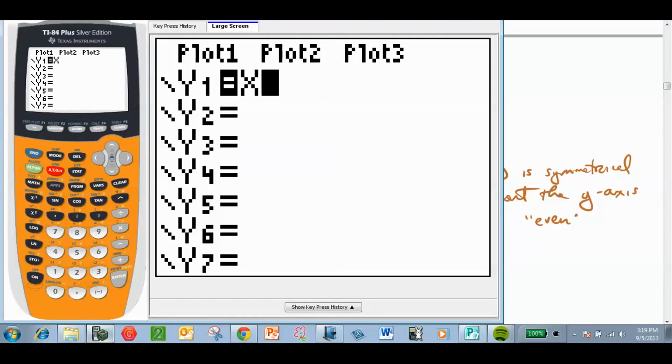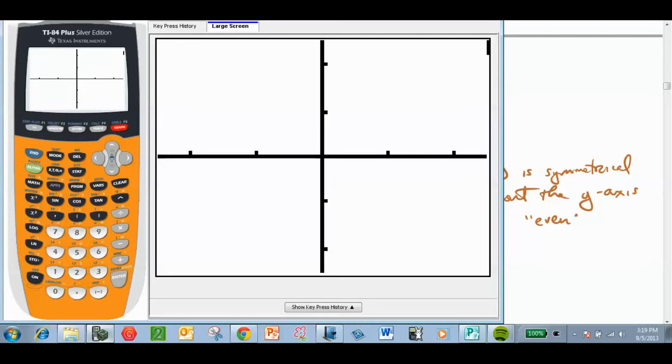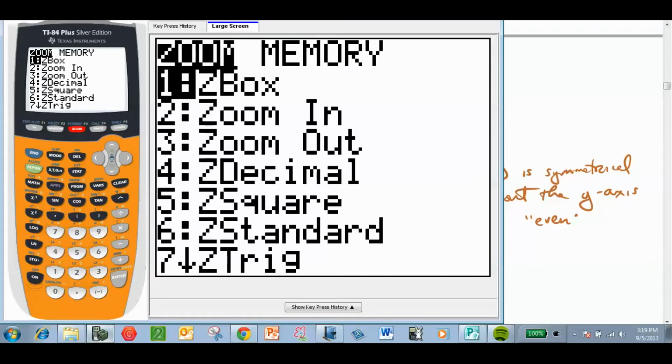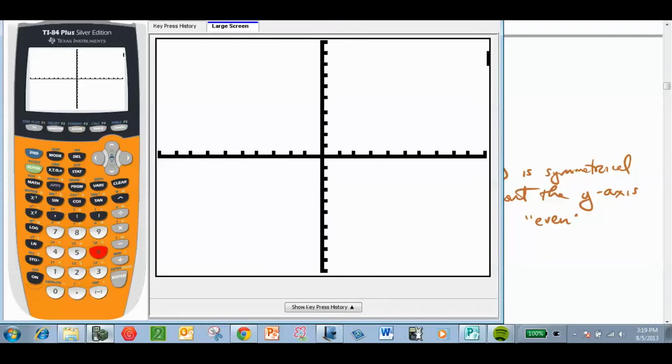X to the fourth power plus x squared plus 3. Graph it. And I'm going to zoom out, zoom standard. And you can see that it does indeed have y-axis symmetry. So that confirms it for us.